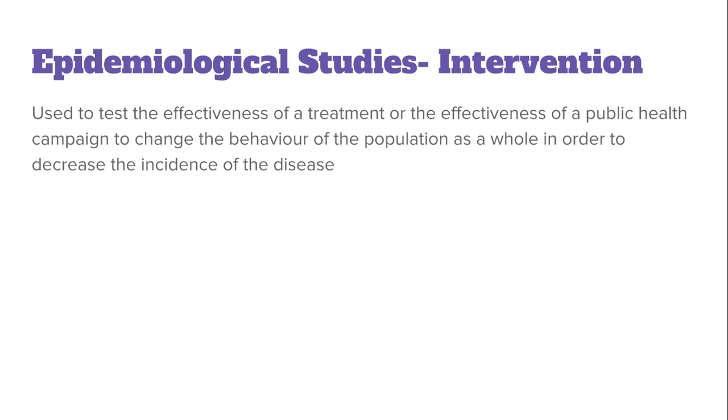And then the last are intervention, and this is where we're looking at testing the effectiveness of a treatment which was created, or the effectiveness of a campaign or a strategy that was used to decrease the incidence. And so we're looking at a public health campaign to change behaviour.